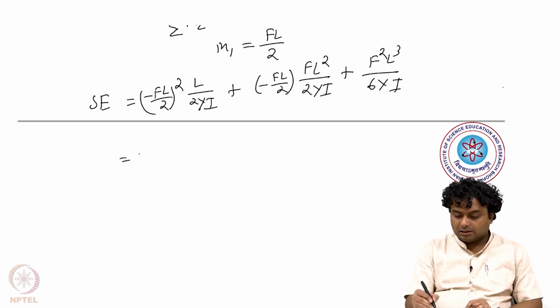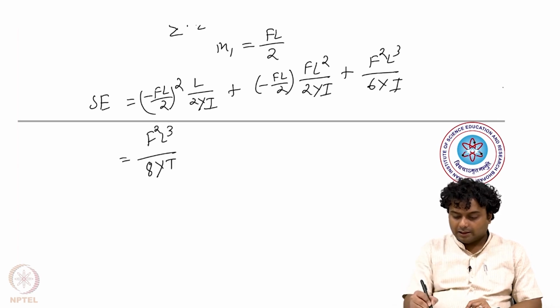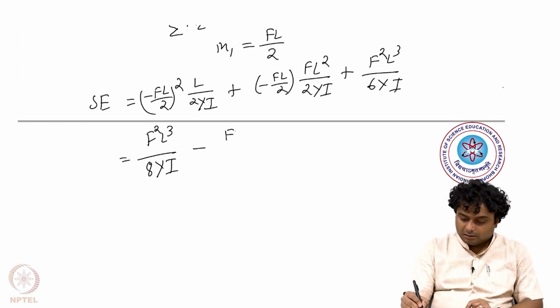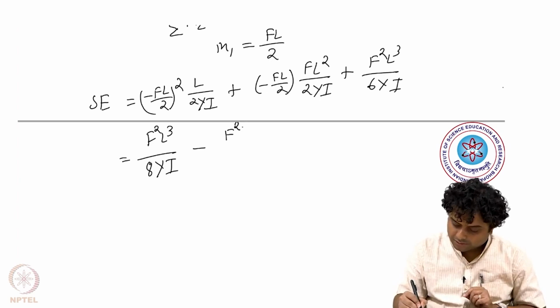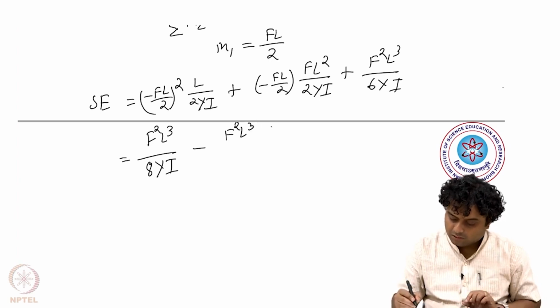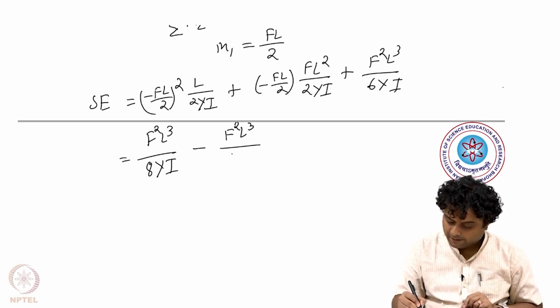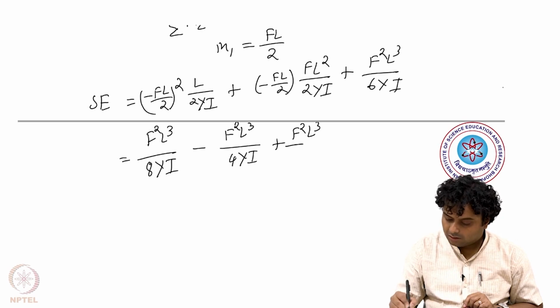In all the cases we get F square L cube by 8EI, minus F square L cube divided by 4EI, plus F square L cube divided by 6EI, right.